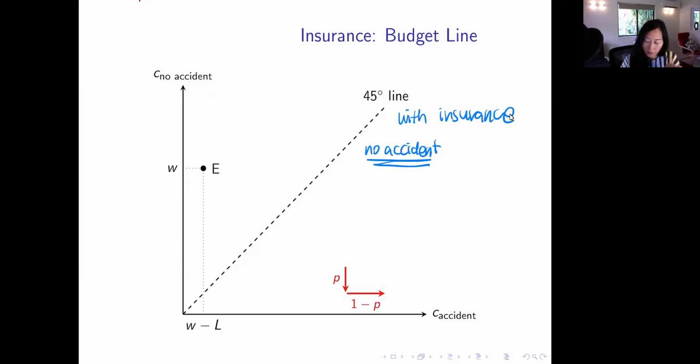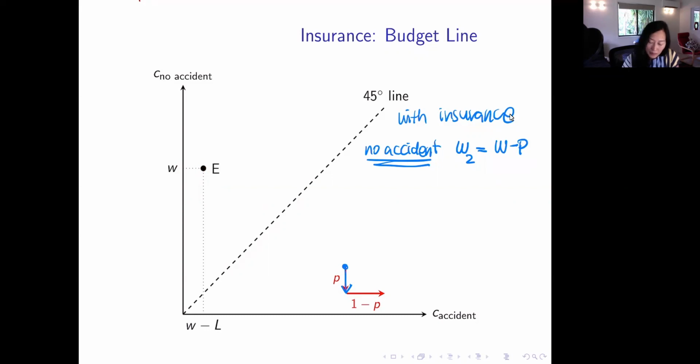Your W2 is equal to W less P. You lose P dollars because you paid for the insurance, but you didn't need to claim because you didn't have an accident. So your wealth decreases by P dollars, and you're moving down by P dollars here. W2 equals W minus P.